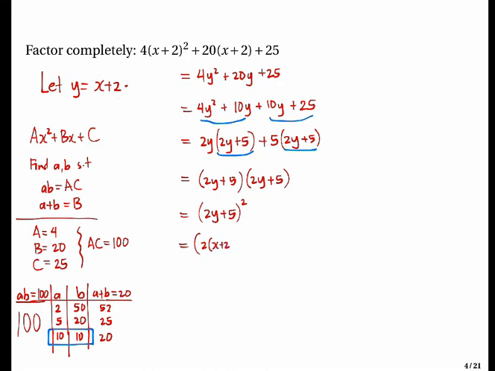So x plus 2 plus 5 quantity squared, and if we simplify this, we will get 2x plus 4 plus 5 quantity squared, and finally, we will get 2x plus 9 quantity squared. And this expression here cannot be factored anymore. So this, 4 times x plus 2 squared plus 20 times x plus 2 plus 25, can be factored into 2x plus 9 quantity squared.